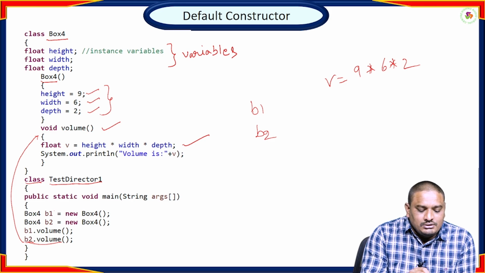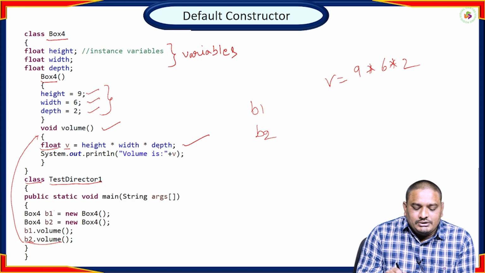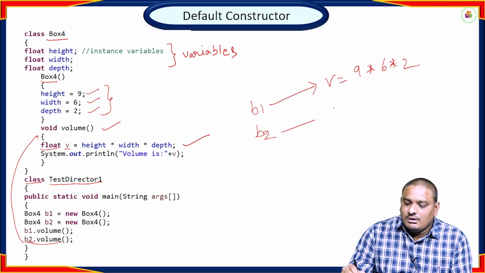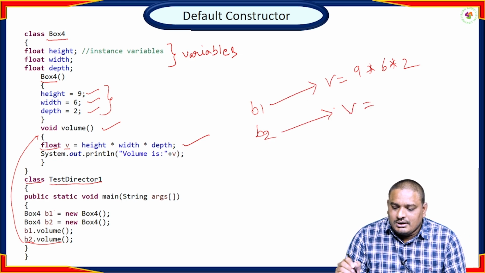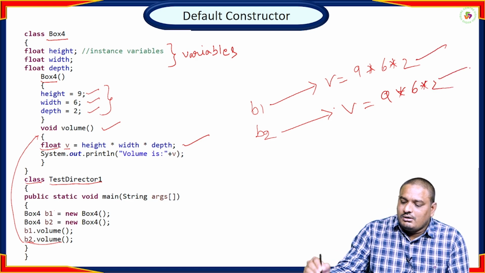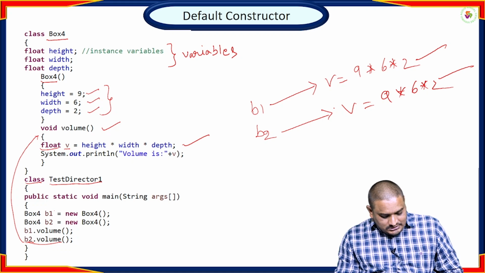Here v is the variable, and float is its data type. Height into width into depth. B1 is the first object, and b2 is the other object. I have to find 9 into 6 into 2. This is the final output. This is the default constructor.